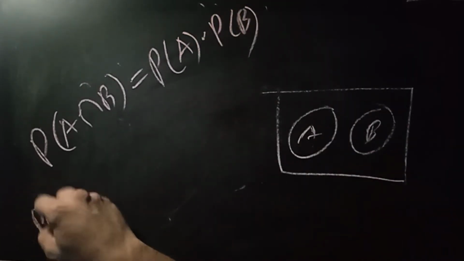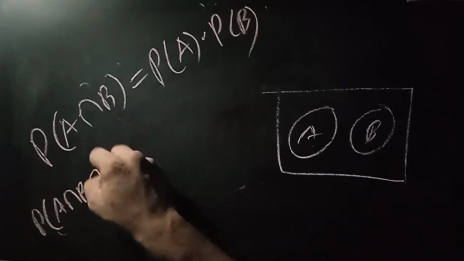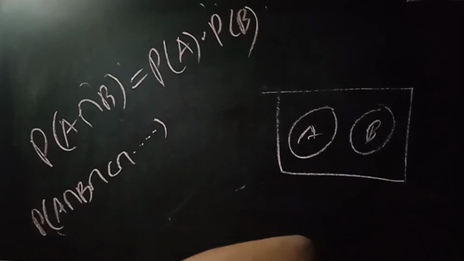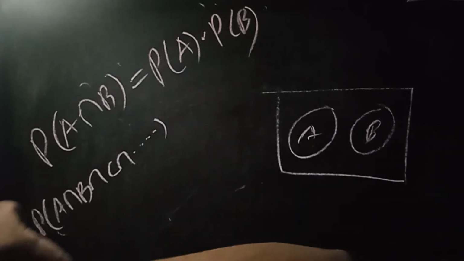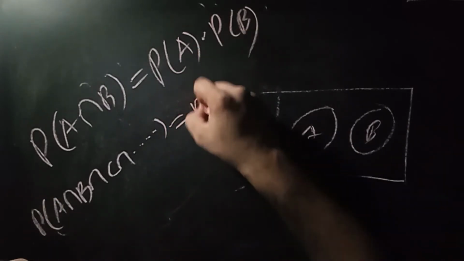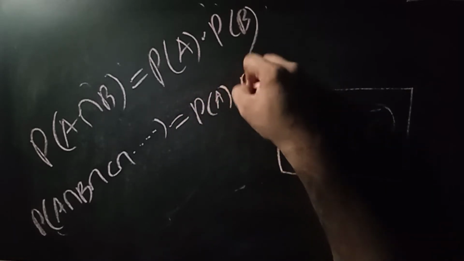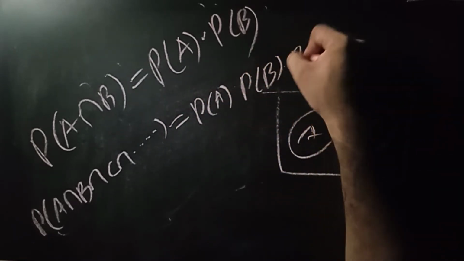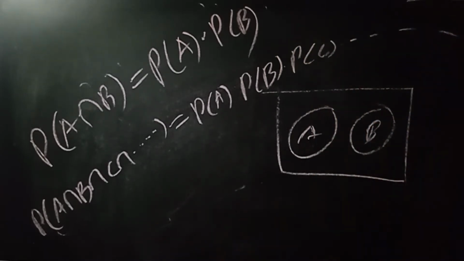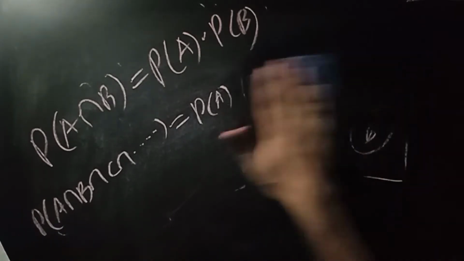This goes for anything, P of A intersection B intersection C intersection dot dot dot, as long as they are all independent events, it's just gonna be P of A into P of B into P of C into dot dot dot. It just goes on, and pretty much that's it in independent events. This is the basic part. I think that's how the math goes, but I will try to solve some after this.